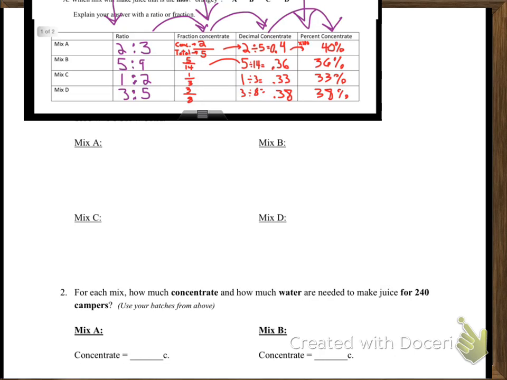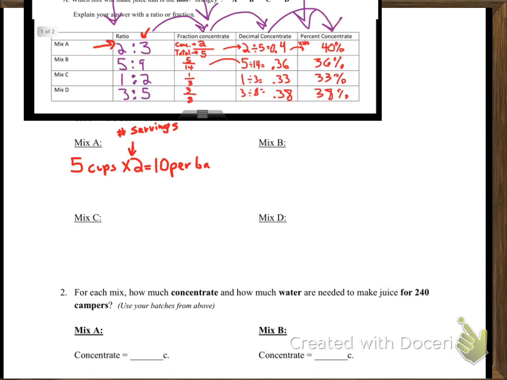Well, if I take the 2 cups of mix and the 2 cups of water, there are 5 total cups, times 2, because remember that is the number of servings per cup. Each cup gives us 2 servings, so we get 10 servings per batch.